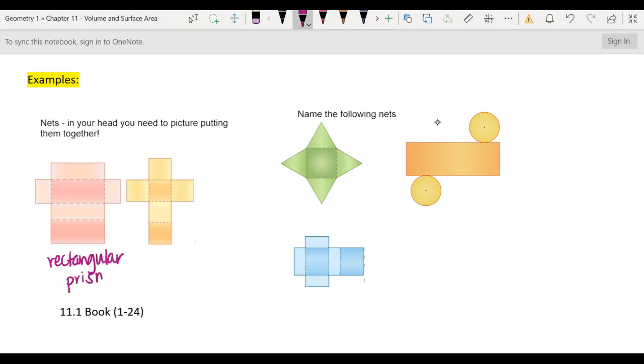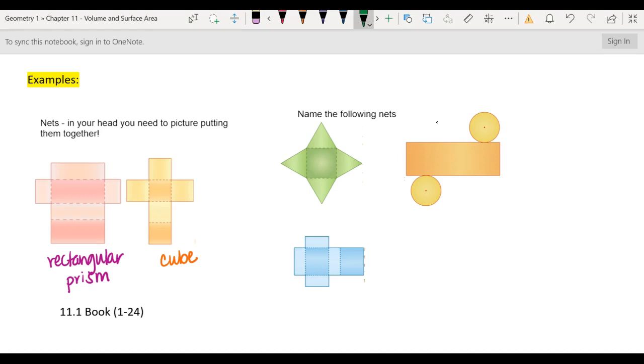This next prism, this one in orange here, actually has a special name. When all of your sides are squares, what's the special name for it? It's a cube. So when all of your sides are squares, we call it a cube. If you called it a rectangular prism, I wouldn't count it wrong, but more specifically, it's a cube.